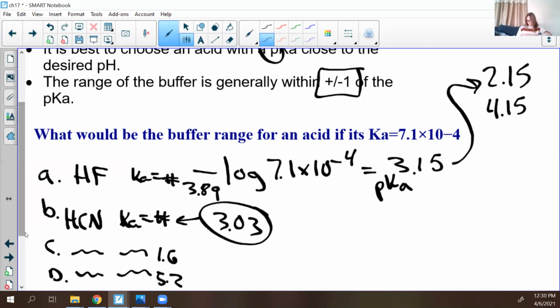So if asked which acid to choose for a pH range, take the negative log and see what you get. Questions about that? It's like a little subsection of notes that you might forget, but it's probably going to be on your test.